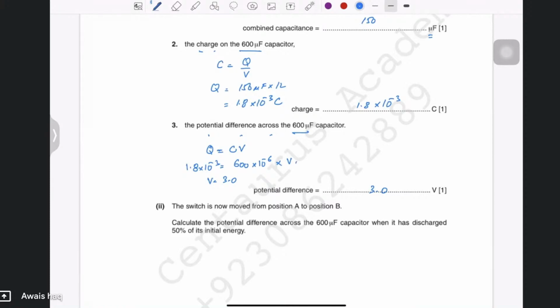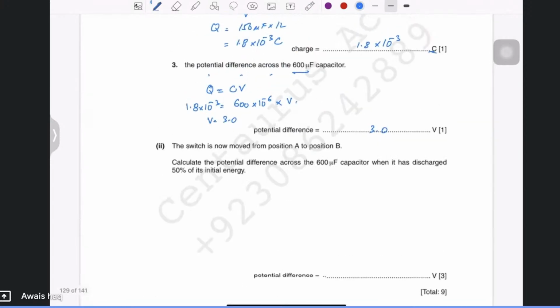And second part, we need to convert the capacitance, right? Obviously we need to convert it because this is in coulombs. Now this question is very interesting.